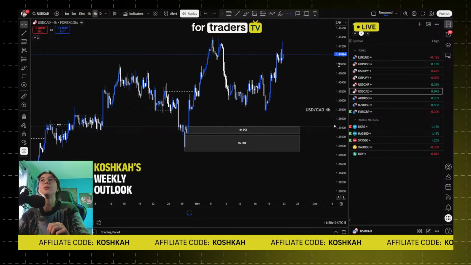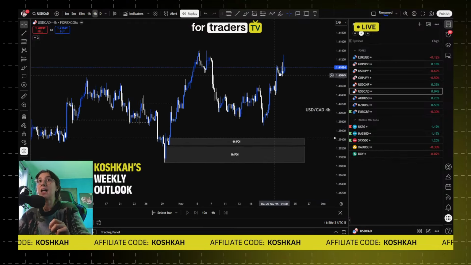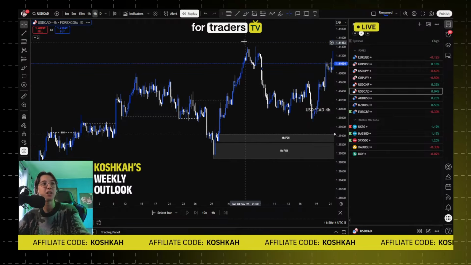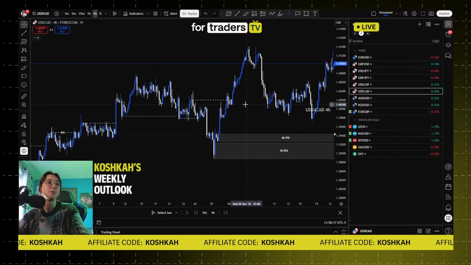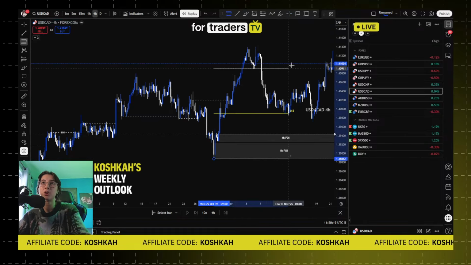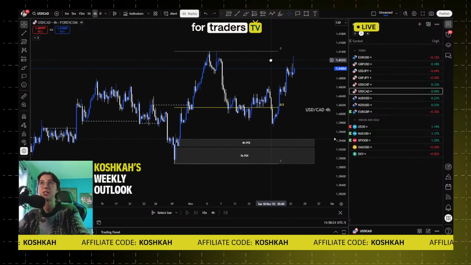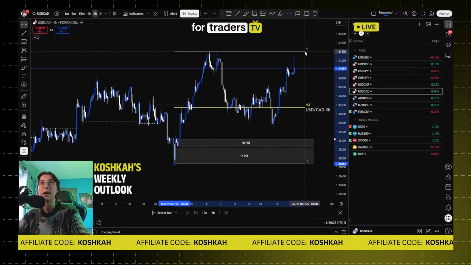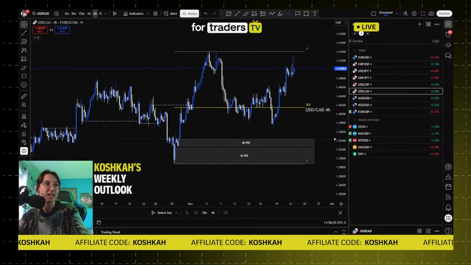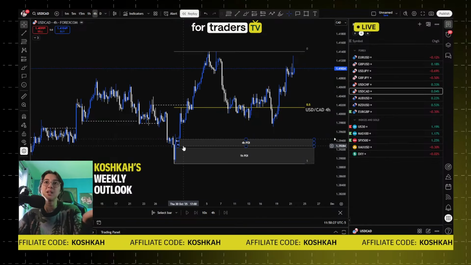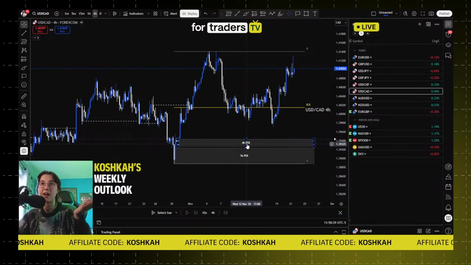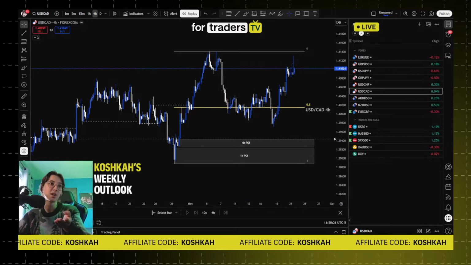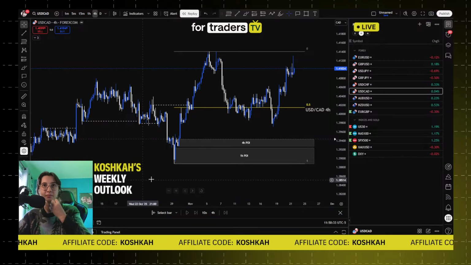Okay, so then we're gonna go on USD CAD. So USD CAD, same thing. We're kind of just stuck in this range from this low to this high, as you can see. Bam, bam. And same thing, we have some valid POIs in the bottom. We have this 4-hour POI and this 1-hour POI right here.